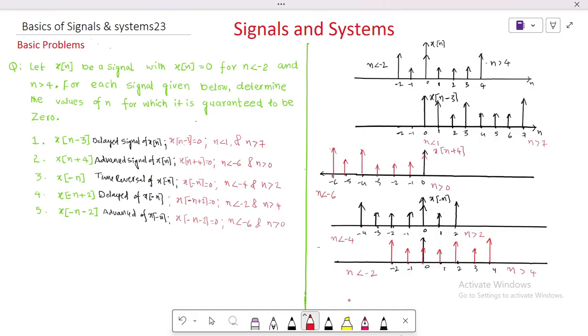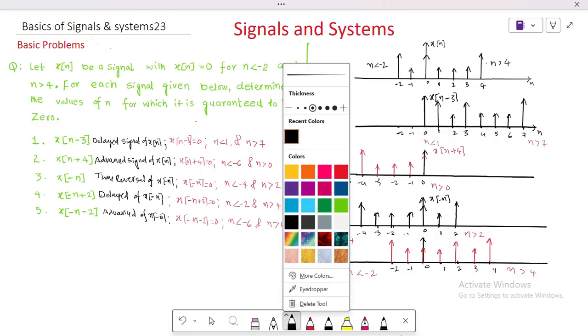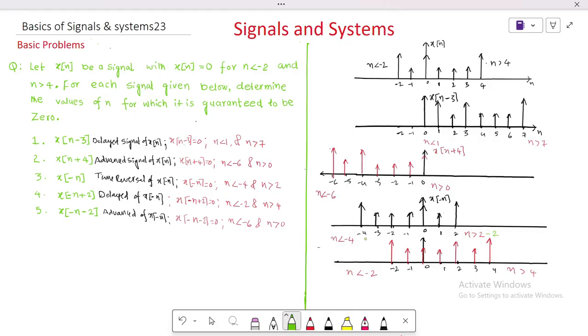Just subtract, minus 2, here minus 2. Then you will get the x of n values for x of minus n minus 2. So this is about this problem. Then we go for the next problem.